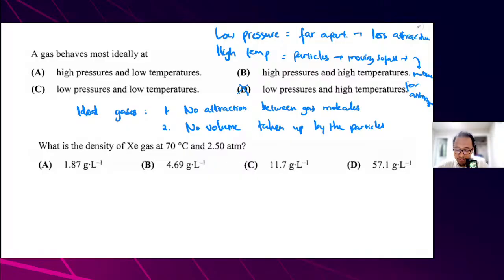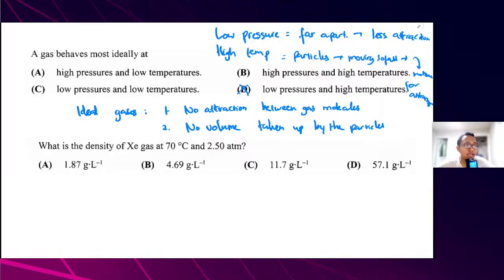Okay, what is the density of xenon at 70 degrees Celsius and 2.50 atm pressure?